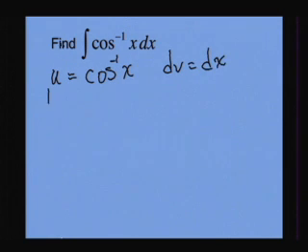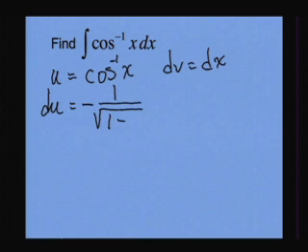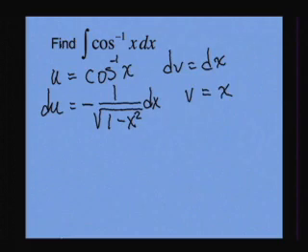And du will be equal to negative 1 over the square root of 1 minus x squared dx. And that comes from the formulas that we learned earlier about the derivative of the inverse trig functions. v is then going to be equal to x.